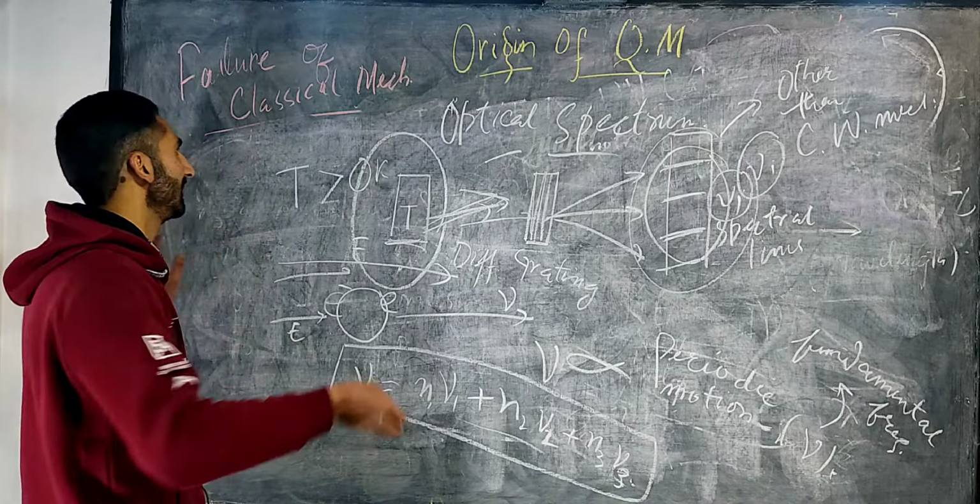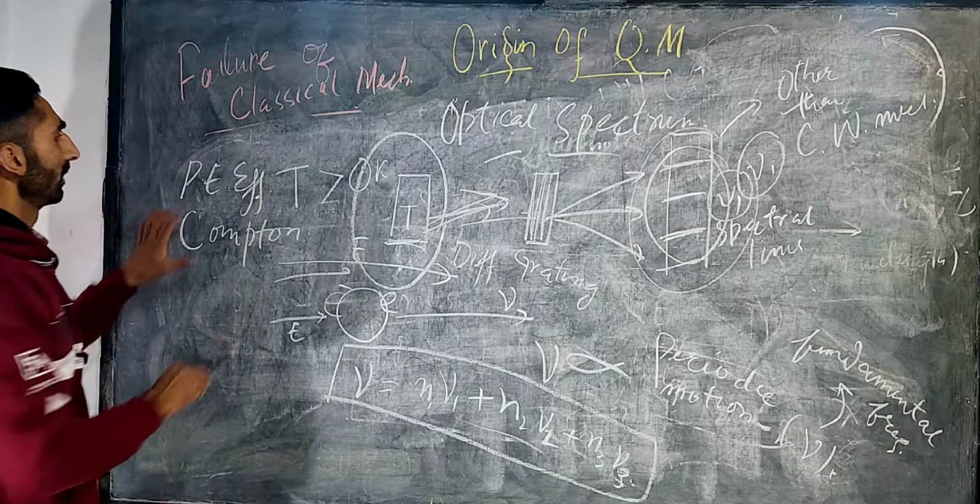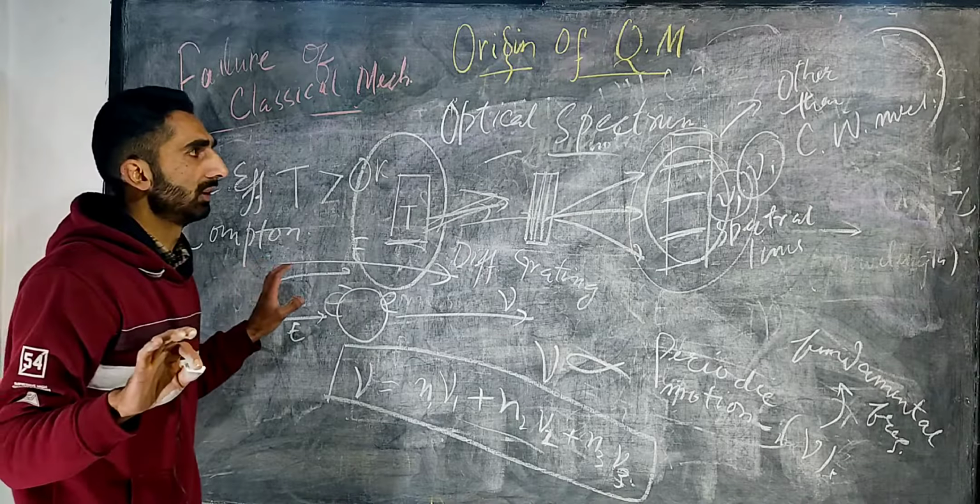Furthermore, you will see the Compton effect as well, a great experiment which is similar to the photoelectric effect, except for a few things. Both of these consider the particle nature of light.